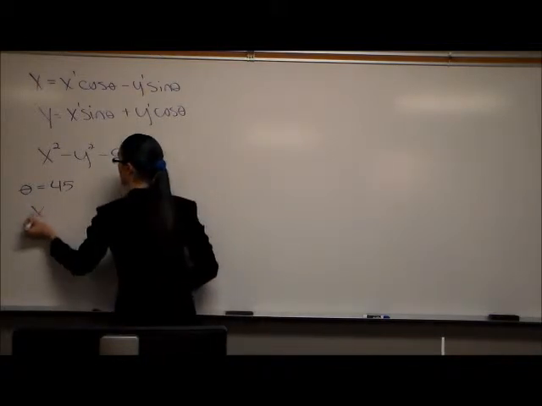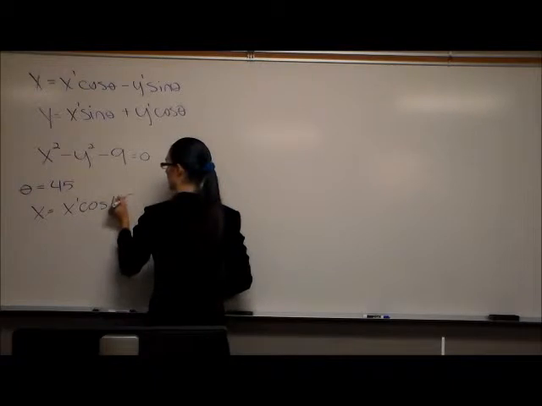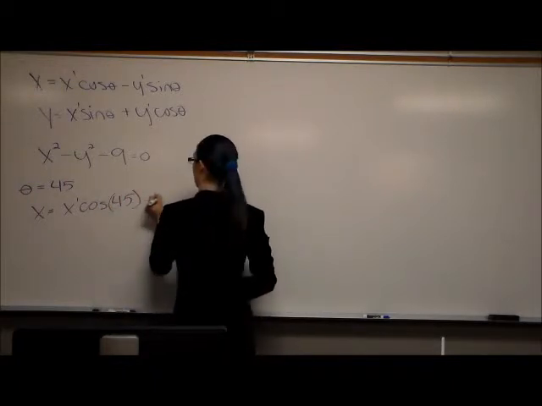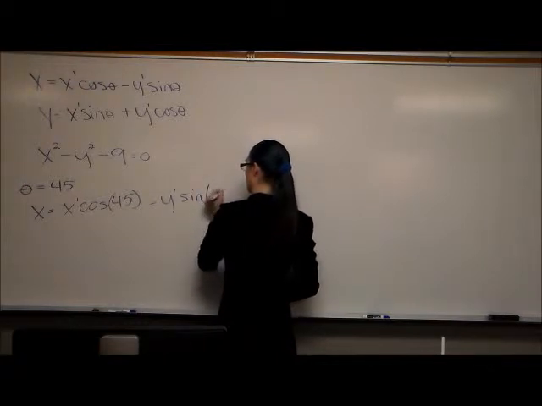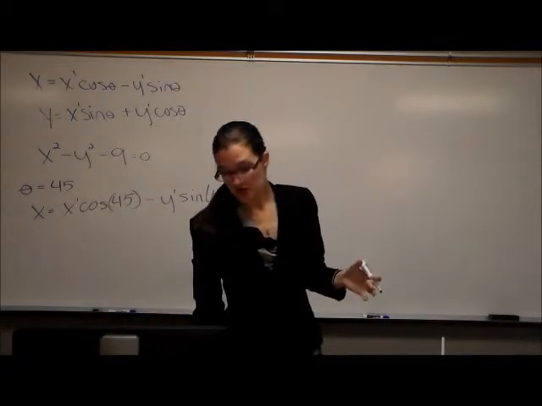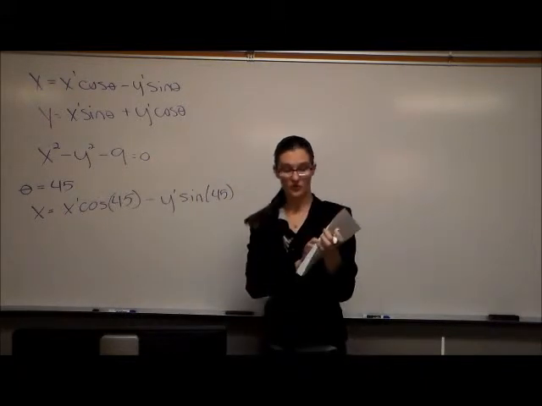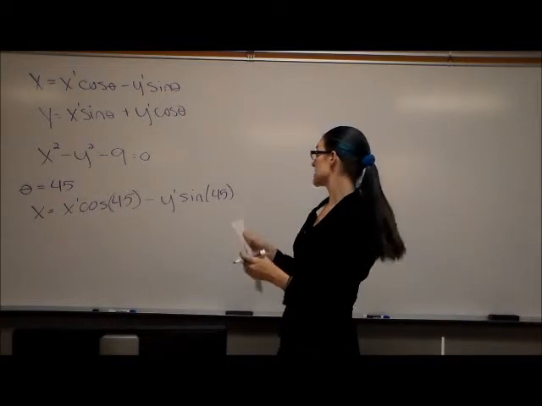So we're going to say x equals x prime cosine of 45 minus y prime sine of 45. To get those values, we look at the chart, the square one, that has all your degrees and your sines.